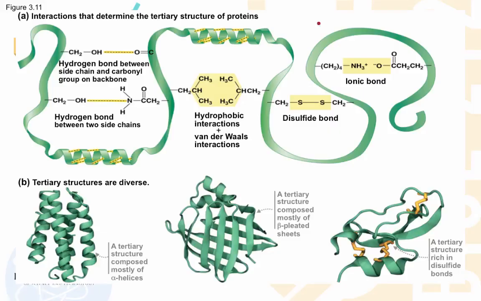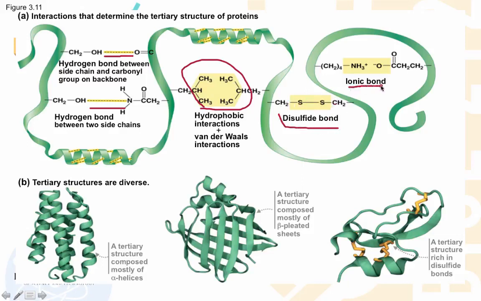This image shows the various interactions that can take place. There can be hydrogen bonding between the side chains of amino acids that are present in the vicinity of each other. There can be hydrophobic interactions between non-polar side chains of amino acids. Disulfide bonds can form between sulfhydryl functional groups.